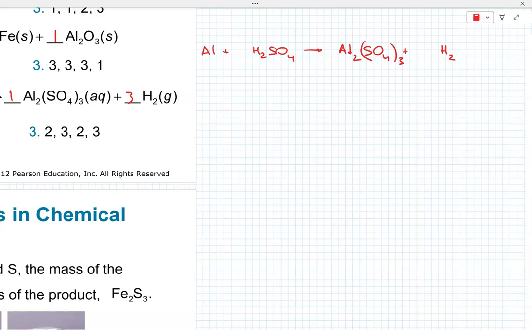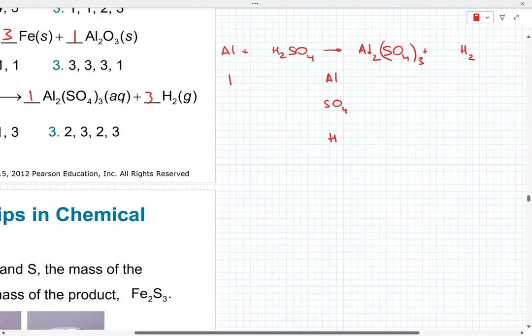This is what you should do. Aluminum, SO4. Now, if you look at the equation, all oxygens here are within SO4. You don't need the separate oxygen. All good? One aluminum on the left.